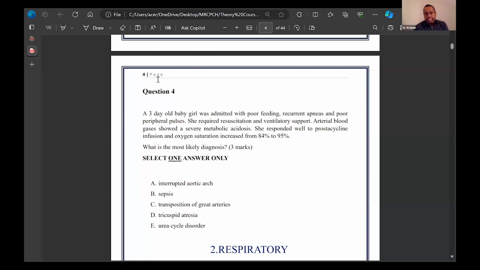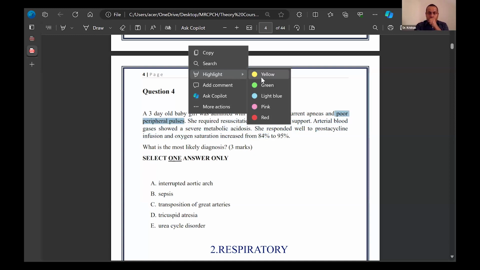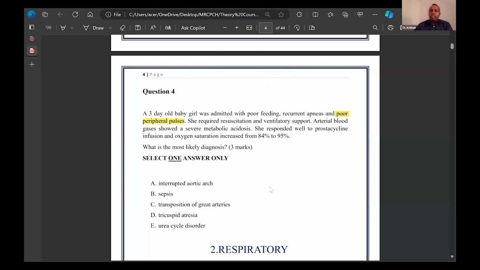Okay, so this is a 3-day-old girl admitted with poor feeding, recurrent apneas, poor peripheral pulse. It's important to know peripheral pulses are poor. She required resuscitation and ventilatory support. Arterial blood gas shows metabolic acidosis.